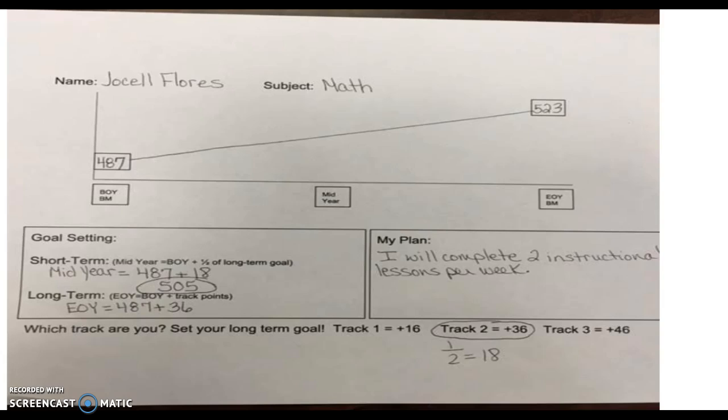So when she calculated her short-term goal as a track 2 student, she knew that she had to make those 36 points over the course of the year, which meant that she would have to have made about 18 points growth at the mid-year point. So she's looking for a score of 505 or higher on this mid-year diagnostic.